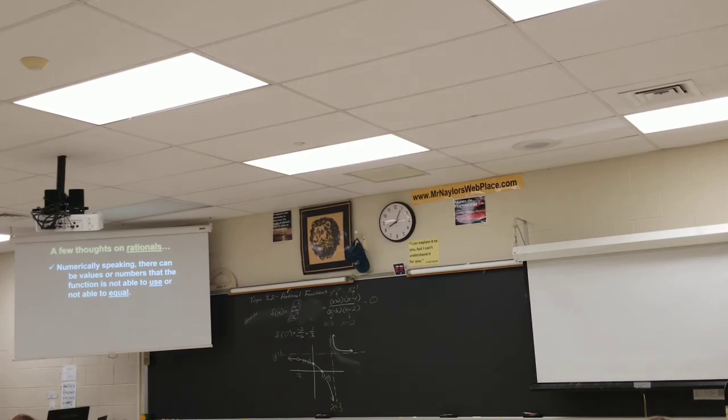And simply put, that's because it's a fraction. So we have asymptotes. You saw something called a hole in the graph. Hey, kids, these are all things that you're not able to equal. And that's why they show up like this on a graph. So graphically speaking, we get some pretty unique stuff.